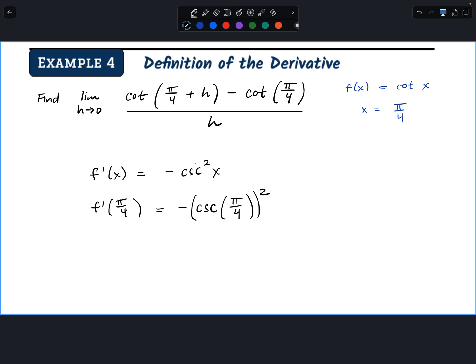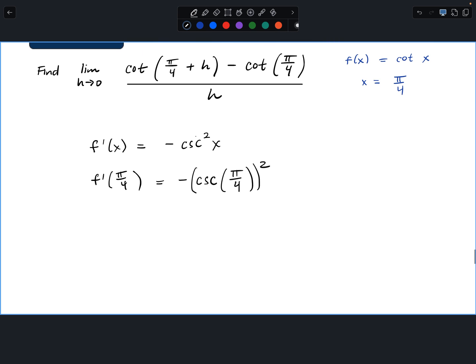Okay, cosecant is a reciprocal of sine. So this is the same thing as, if I write it off to the side, 1 over the sine of pi over 4 squared. What is the sine of pi over 4? Square root 2 over 2. So the square root 2 over 2, if I do the reciprocal of that, do you guys agree that would be 2 over root 2?